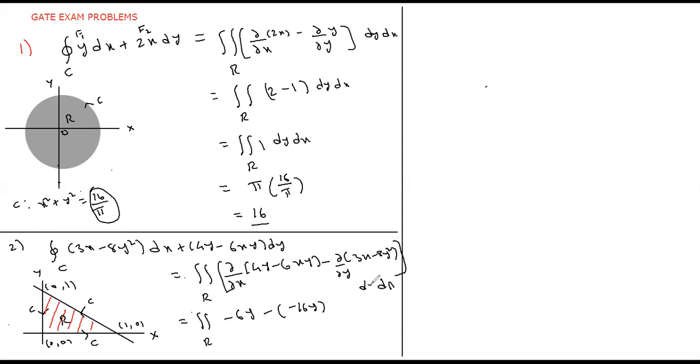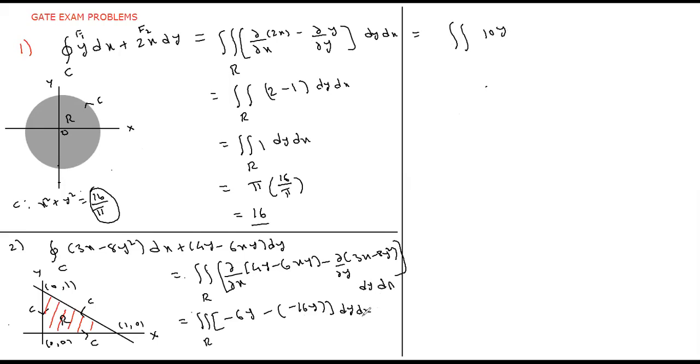So you have to integrate this. What is this? This is a double integral of minus 6y plus 16y, which is 10y.